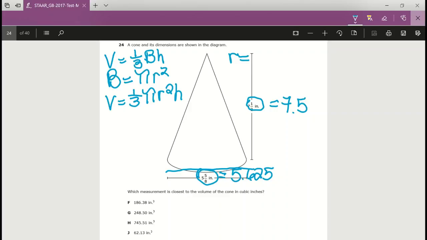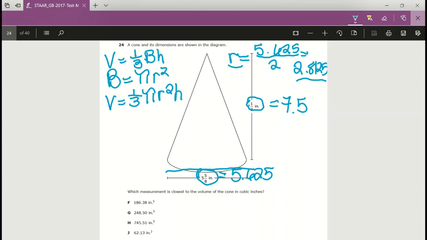So we have to divide 5.625 by 2, and we get 2.8125.